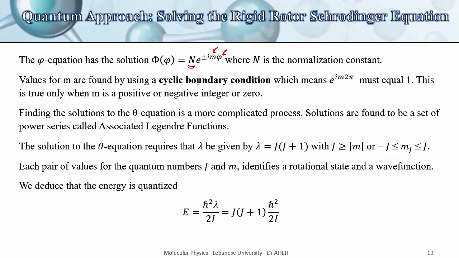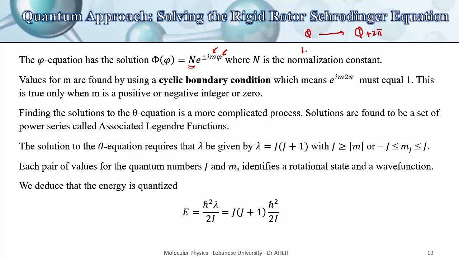Values for m cannot be arbitrary due to the cyclic boundary condition. We know that if the molecule undergoes a complete rotation, its wave function must return to its initial value. So if we replace phi by phi plus 2 pi, the wave function must return to its value.